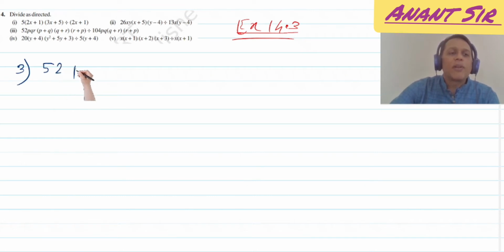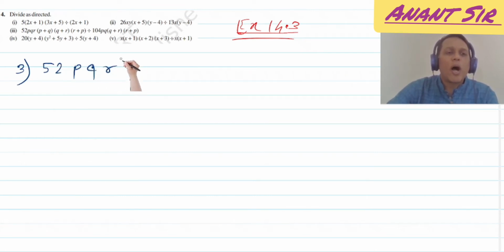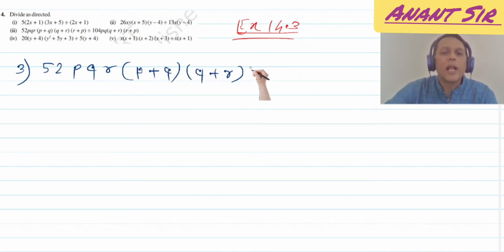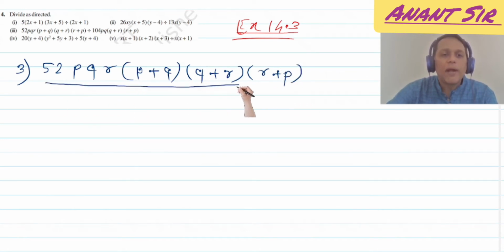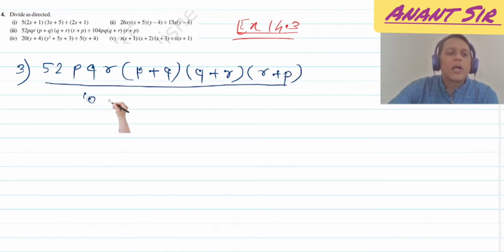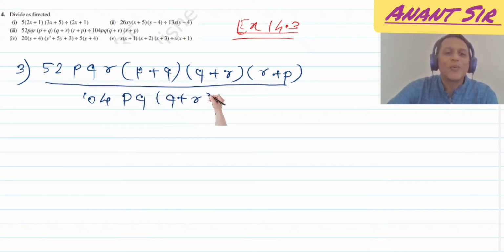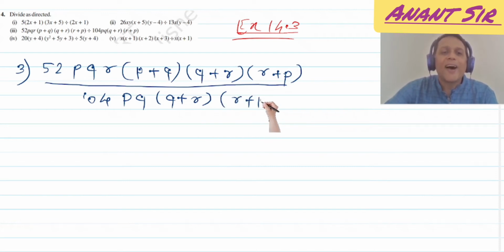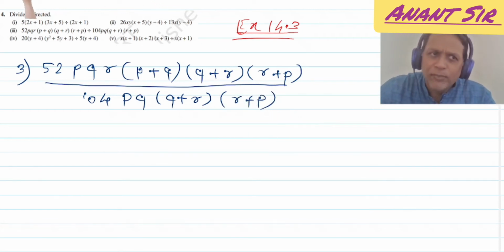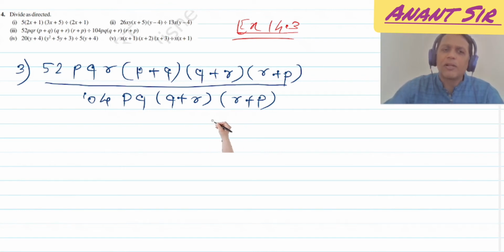It is 52 PQR multiplied by (P plus Q), (Q plus R), and (R plus P), whole divided by 104 times PQ multiplied by the two brackets (Q plus R) and (R plus P). Now I am hopeful that many of you must have understood how to solve this.